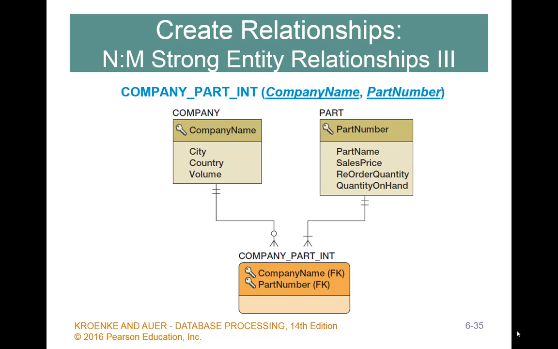Notice company name and part number are the composite primary key of company_part_int. And then there are also foreign keys that map back to each one of the parent tables. Therefore, the relationship should be considered as identifying, as you see with our solid lines.